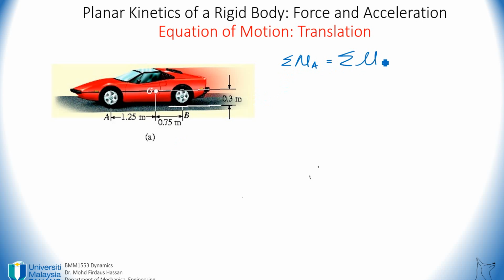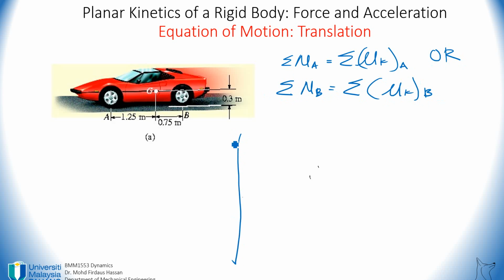Summation of moment due to kinetic at A. Or you can take any point somewhere else. Let's say summation of moment at B, for example. Okay, kinetics at B. Let's take the first one.